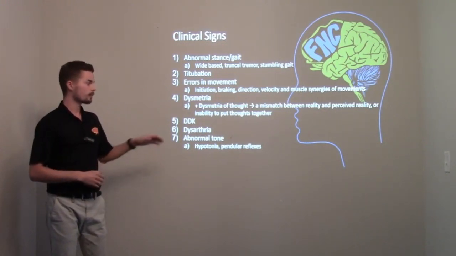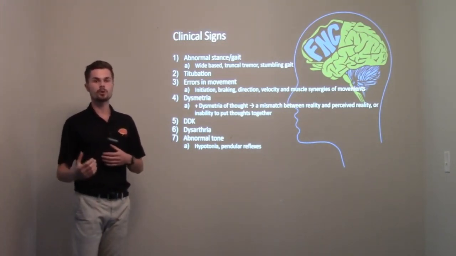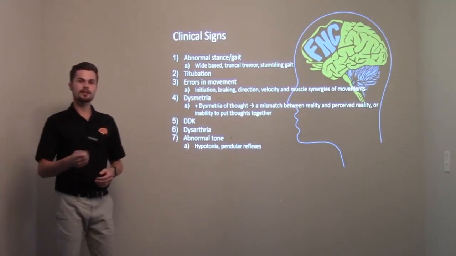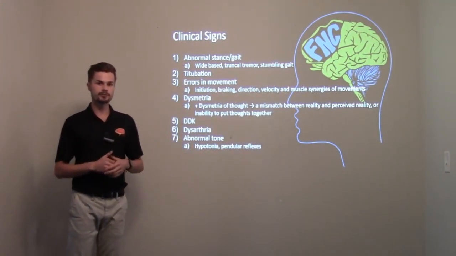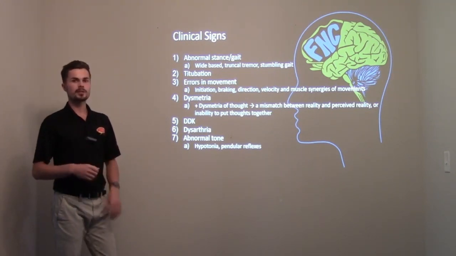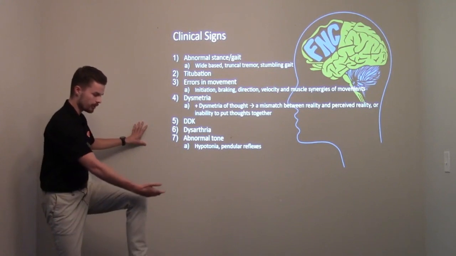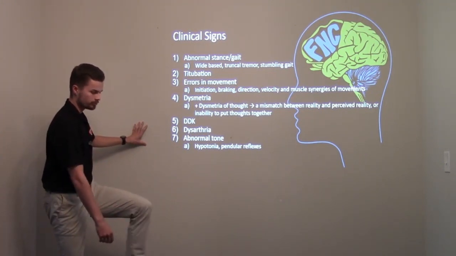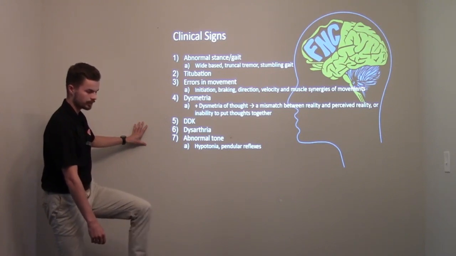And you can feel that with palpation, you can feel that with different range of motion tests. And for the pendular reflexes, you hit a tendon reflex or a myotactic stretch reflex, and you'll see these pendular movements after you hit the reflex. So for example, if I would hit my patella here, you'd see this pendular movement after I hit the reflex.